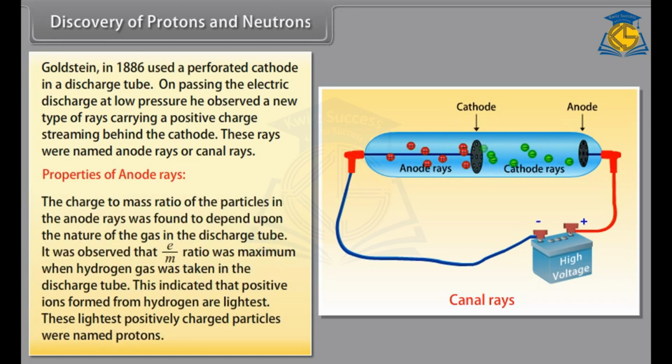The charge-to-mass ratio of the particles in the anode rays was found to depend upon the nature of the gas in the discharge tube. It was observed that the e/m ratio was maximum when hydrogen gas was taken in the discharge tube. This indicated that the positive ions formed from hydrogen are lightest. These lightest positively charged particles were named protons.